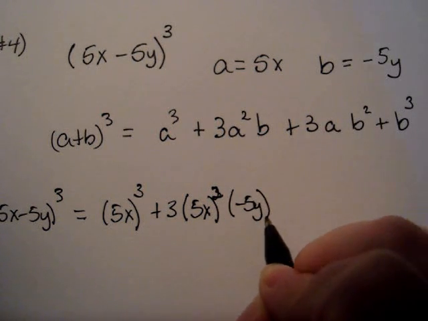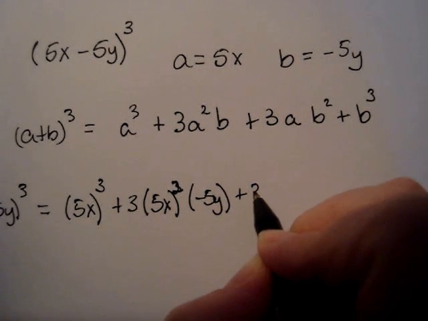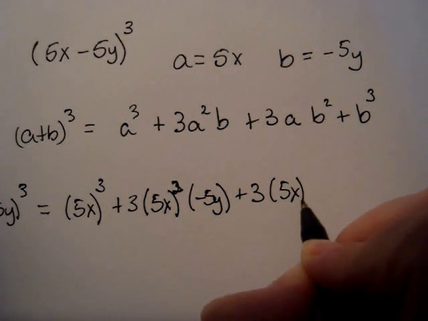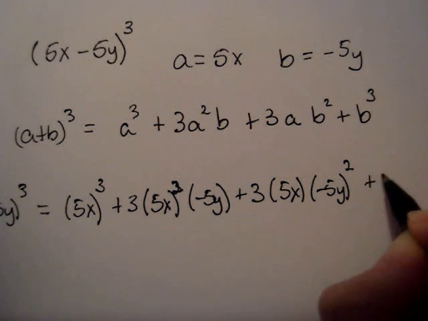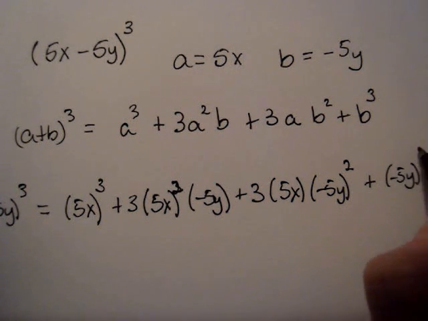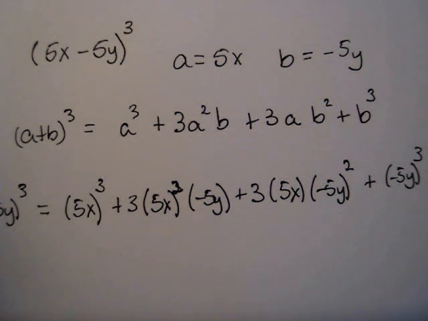Negative 5y, plus 3 times 5x, negative 5y raised to the second power, plus negative 5y raised to the third power. And now I go through and use your rules of exponents and multiply and simplify everything.